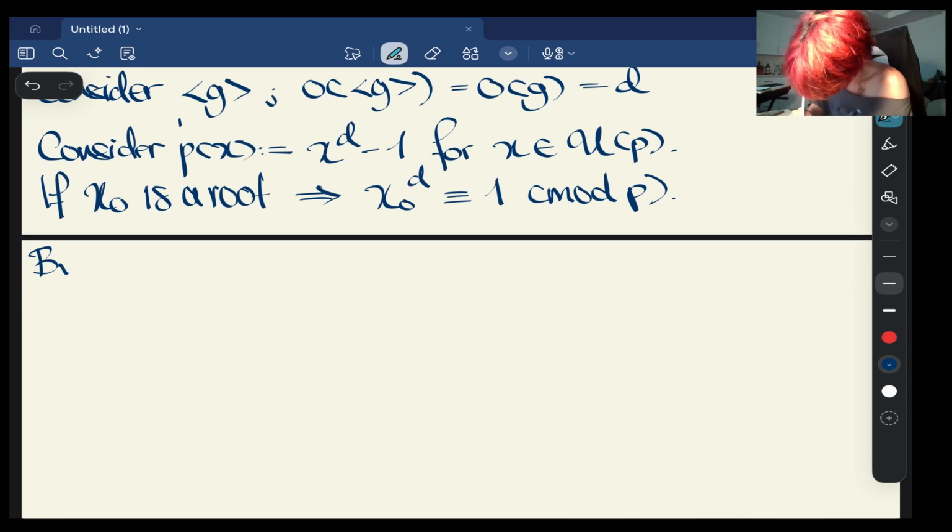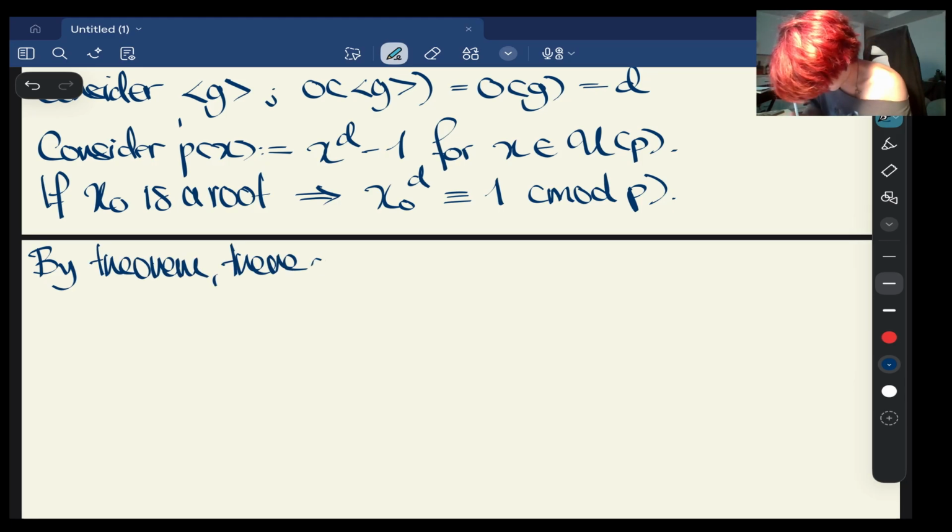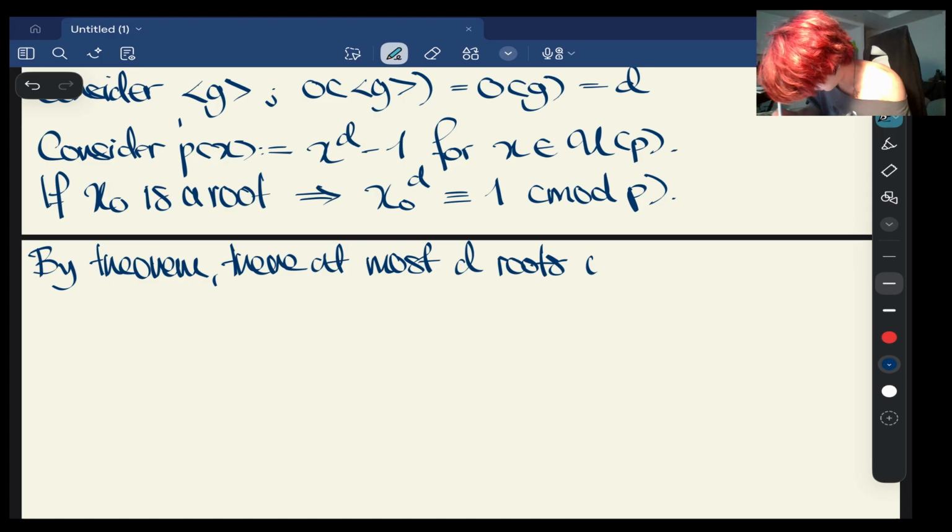We have a theorem by a really famous mathematician that there are at most d roots of p of x.